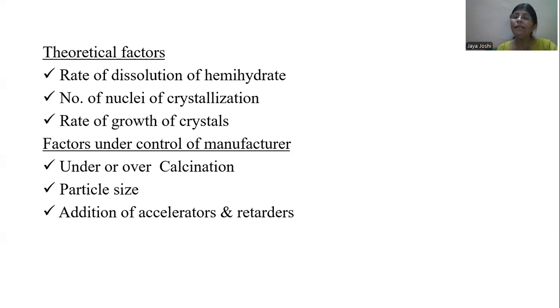Now coming to the particle size. The finer the particle size, the faster the rate of reaction and the lesser the setting time. Then, addition of accelerators and retarders.